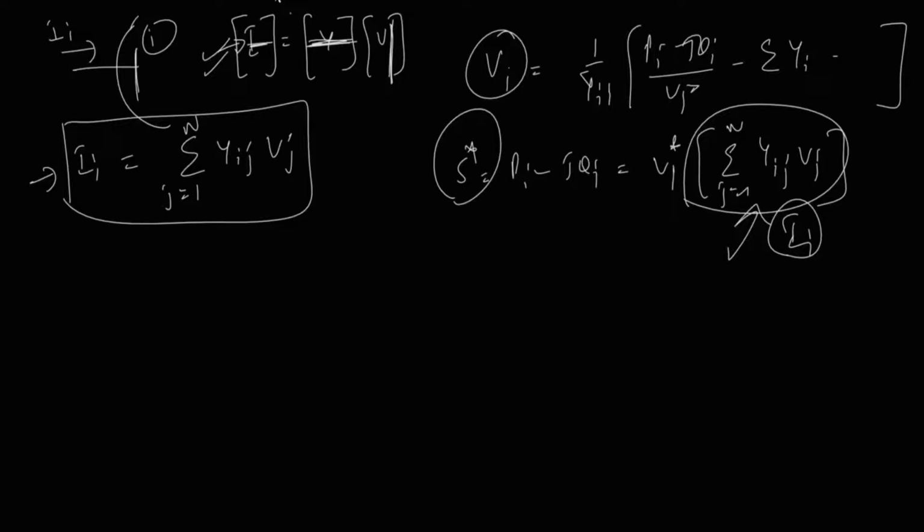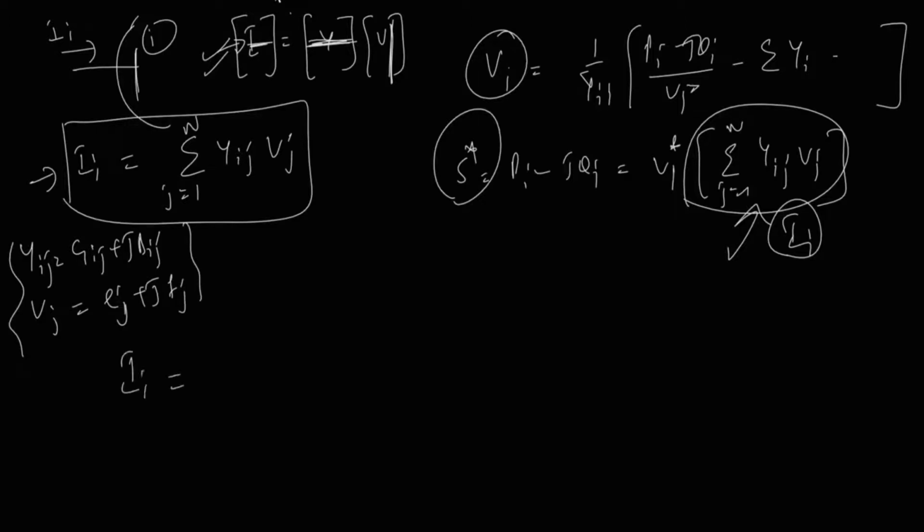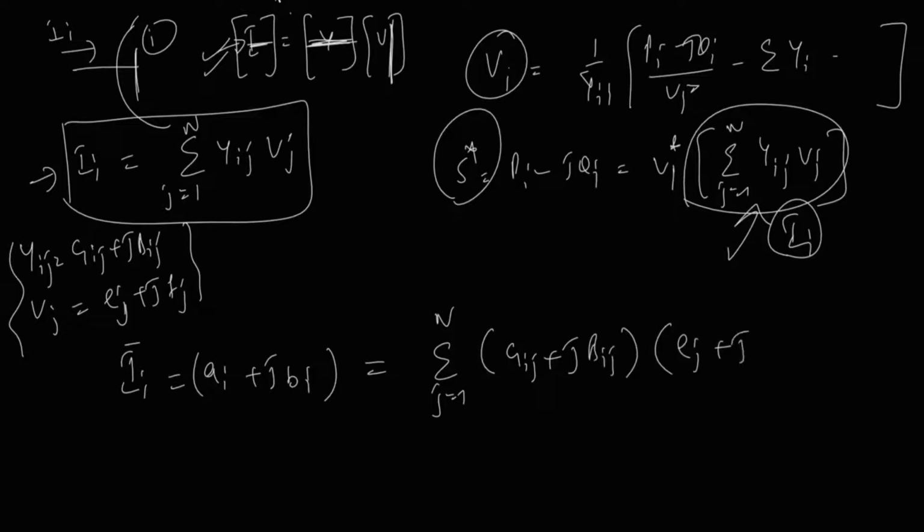Okay, so if I again substitute Yij equals Gij plus jBij, and Vj equals Ej plus jFj in rectangular form, and simplify this Ii as Ai plus jBi, the real and imaginary parts of this Ii, it is summation j equals 1 to n of (Gij plus jBij) multiplied by (Ej plus jFj).